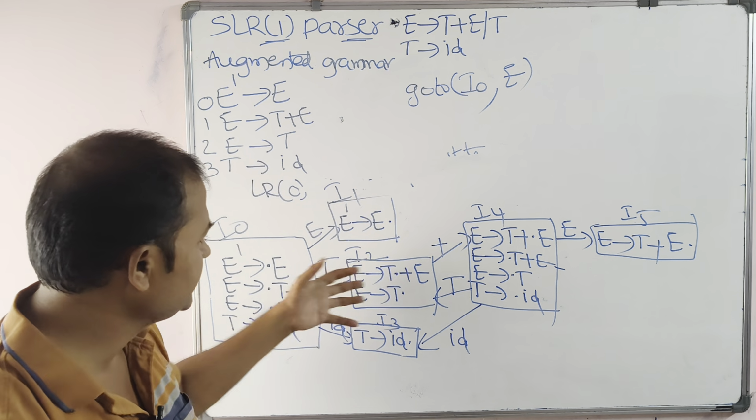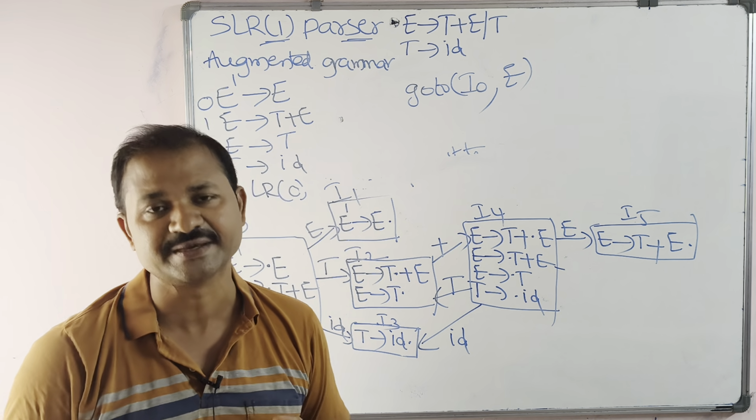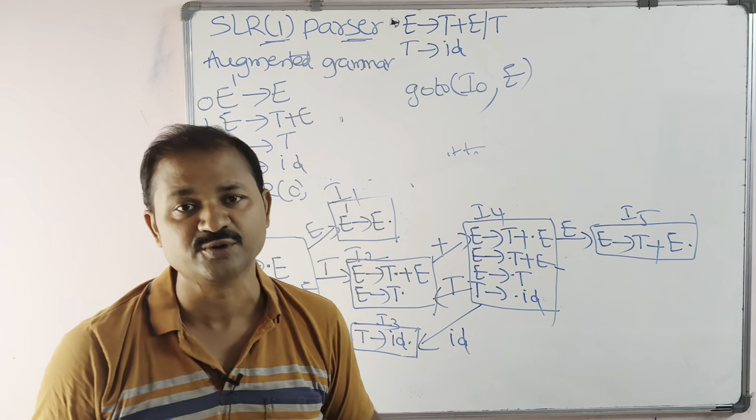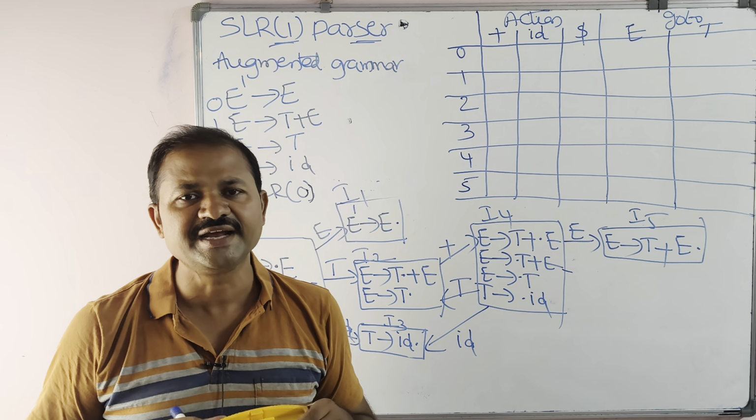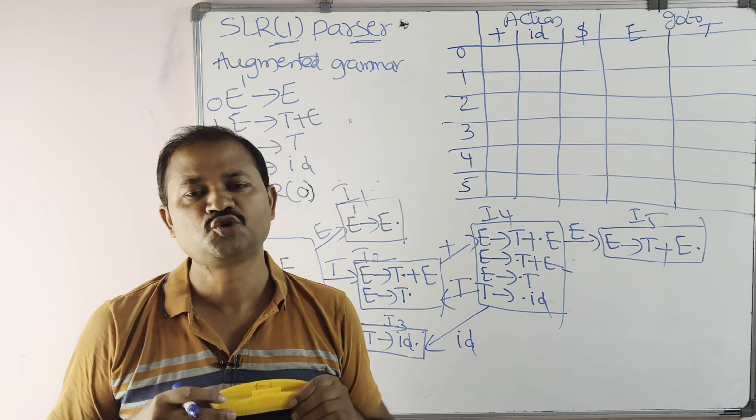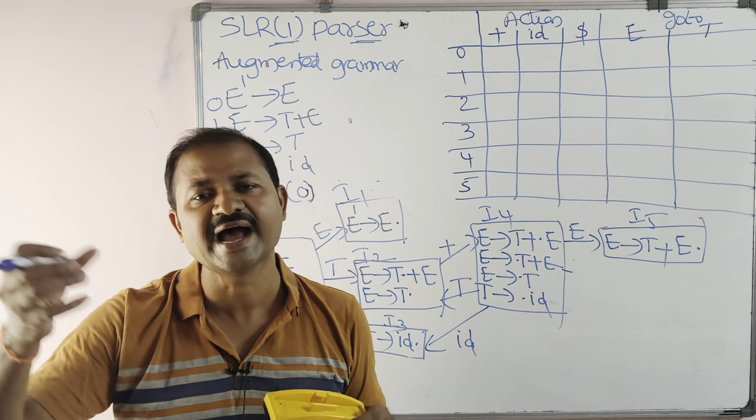So these are all the LR(0) items. Now let us construct the SLR(1) parsing table. While calculating LR(0) items, our aim is to produce final items.